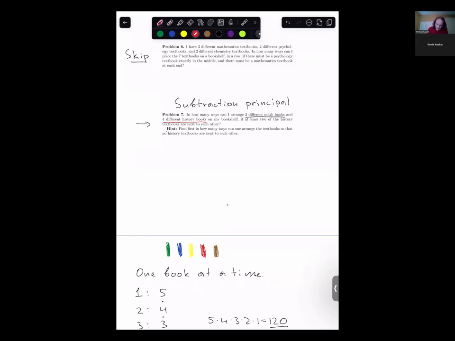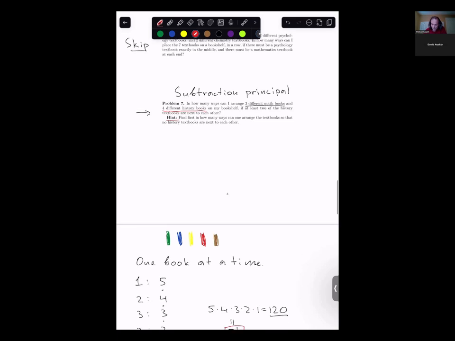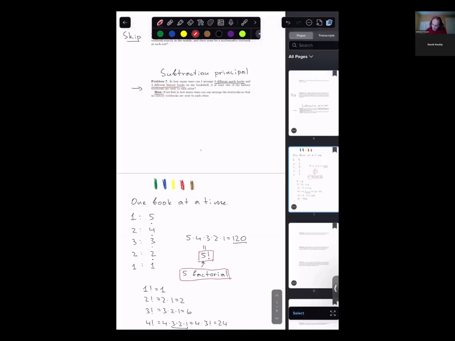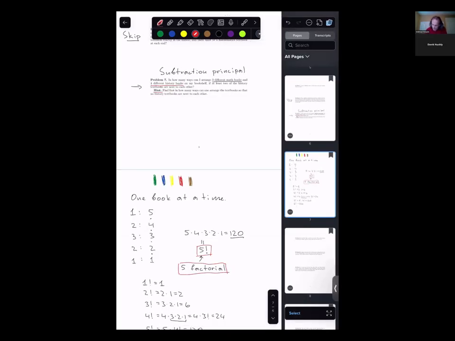The suggestion is to first count the opposite thing. Let's find out first in how many ways we can arrange these books so that no two history books are next to each other, so that they always alternate.